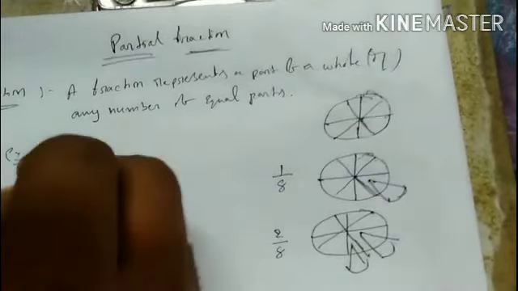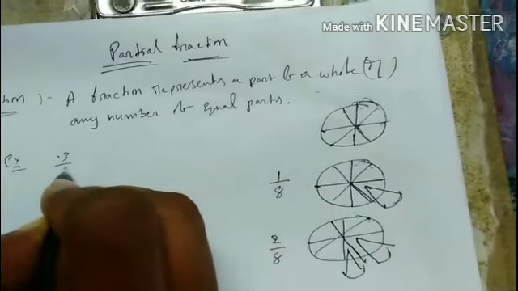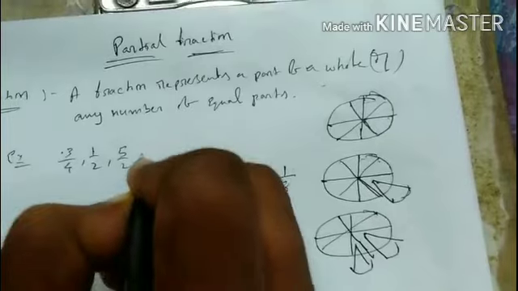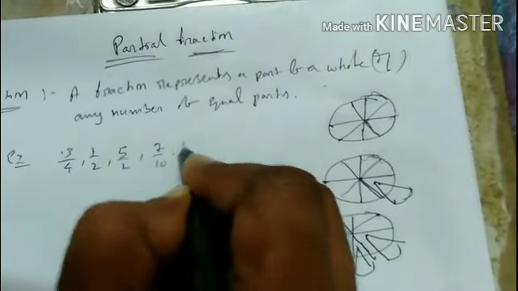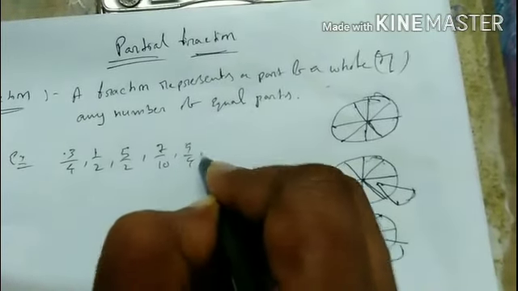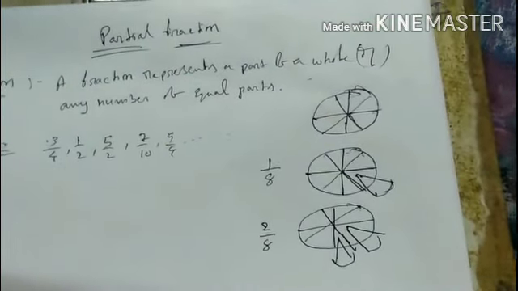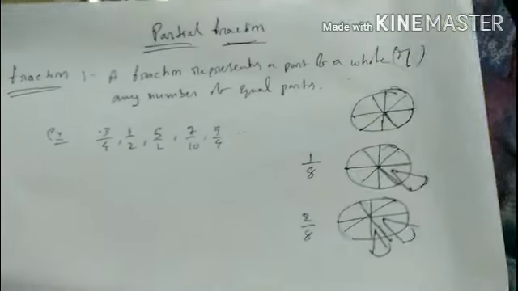A fraction is of the form numerator by denominator, that is 3 by 4, 1 by 2, 5 by 2, 7 by 10, 9 by 4, etc. These are the fractions.